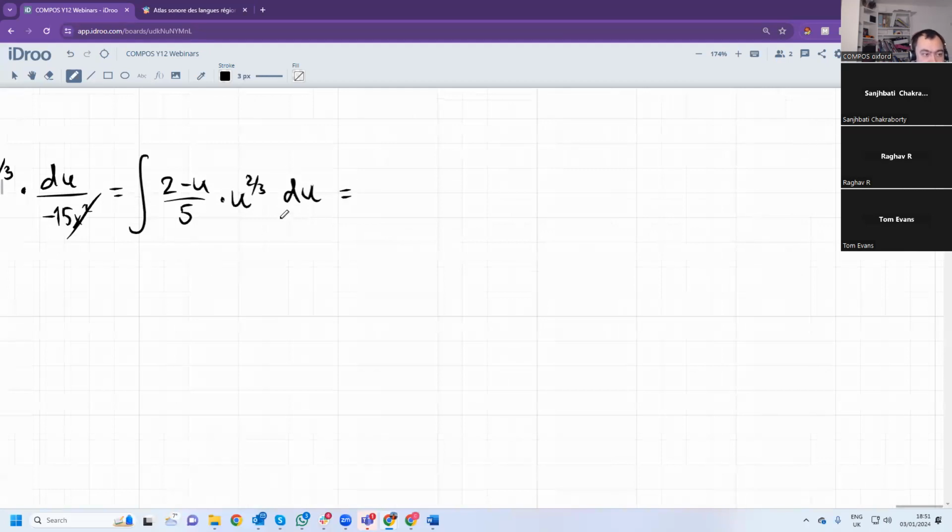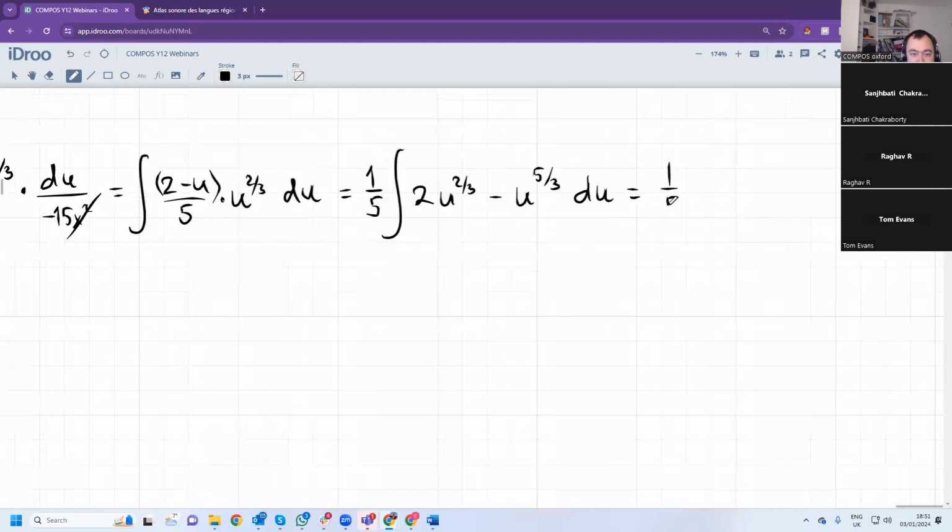I take 1/5 out of the integral, and multiply out 2 minus u times u to the 2/3. So it's 2u to the 2/3 minus u times u to the 2/3, that's u to the 5/3, du.